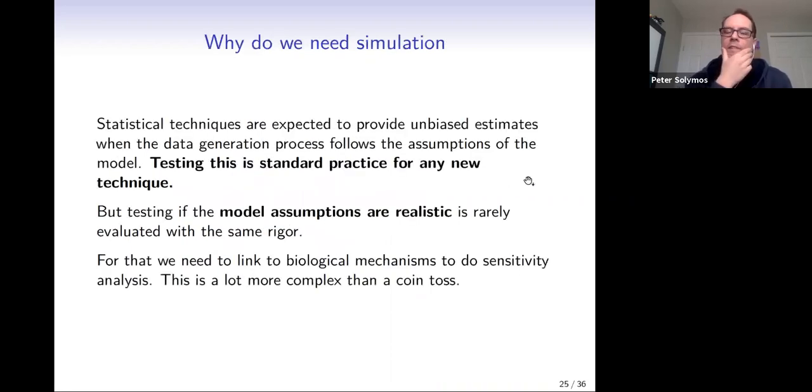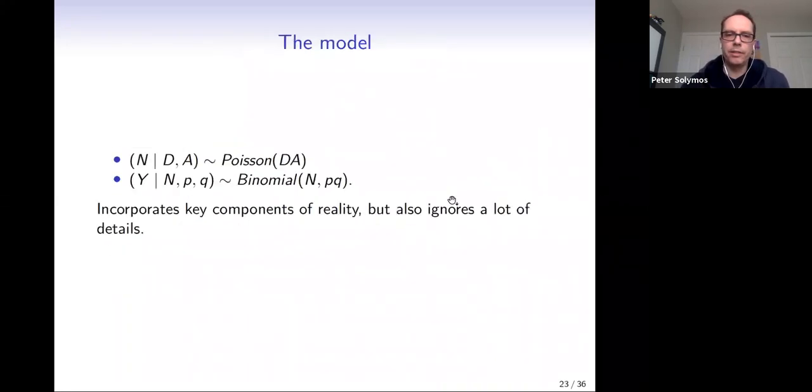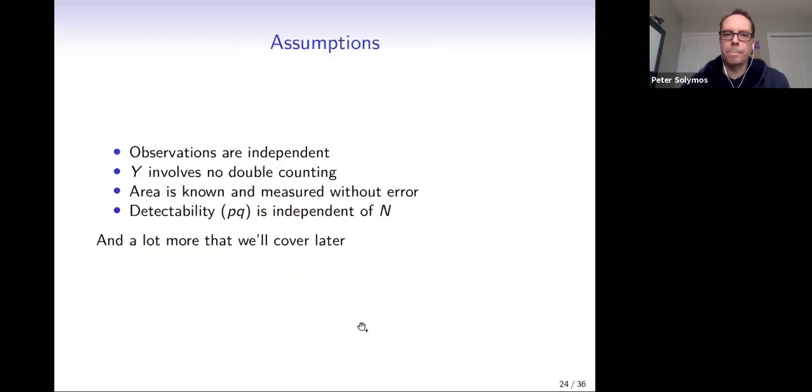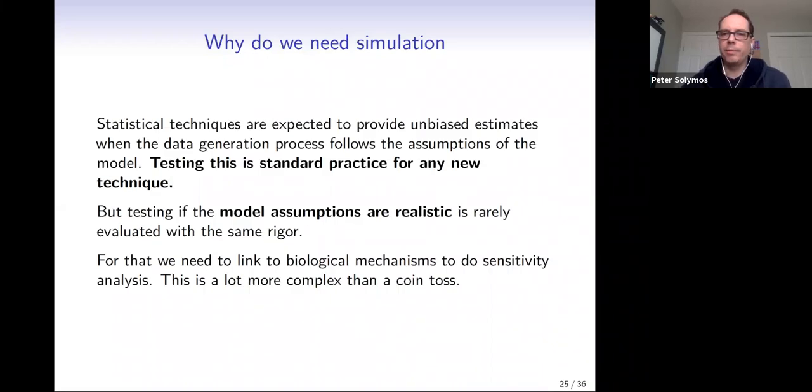And another reason why we need a simulation method that is different than just saying, give me random numbers, is if I do that random number thing and repeat it many times, create some data set, fit a model to it, then I'm going to find either the model is not working, so there is no point in publishing a paper about it, or the model is working, and that means I'm going to get an estimate of P times Q and D. That's all good.